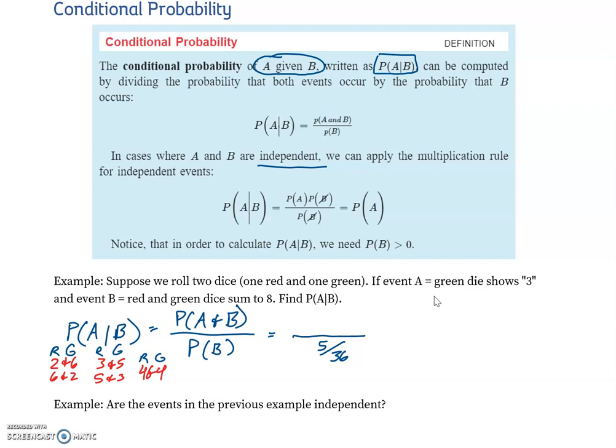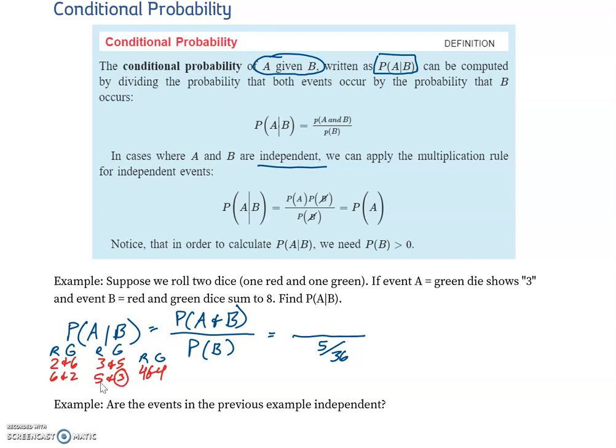So the event A, the green die shows a 3, so let me find anywhere where the green is a 3. Oh, it looks like just this one. So there's only one way that the green die is going to show a 3 and we have a sum of 8, right?